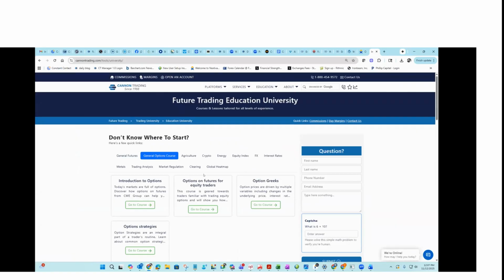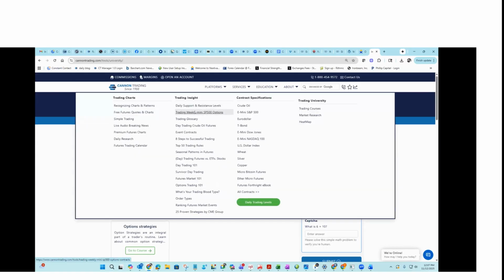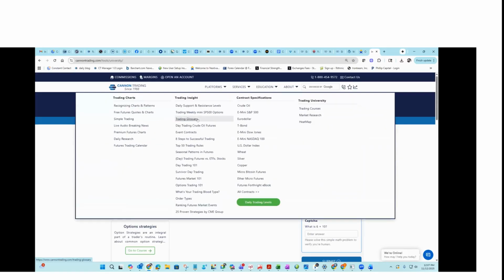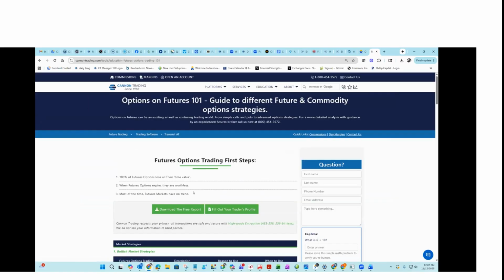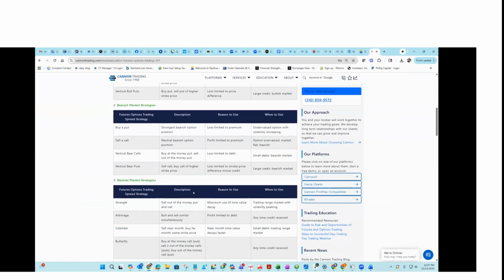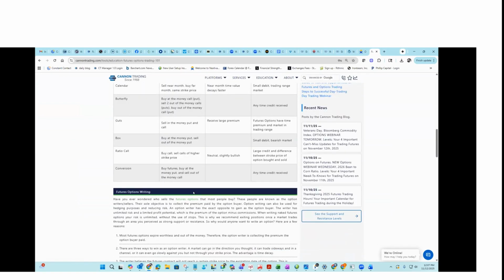We have three what I call very advanced brokers when it comes to options that probably can teach you more than any course can teach you. And we wrote a few articles here about those options. It's also under the education, and you can also reach us via phone, via email. And I recommend you scroll through it. You can read about some option strategies, about selling options, spreads, and much more.